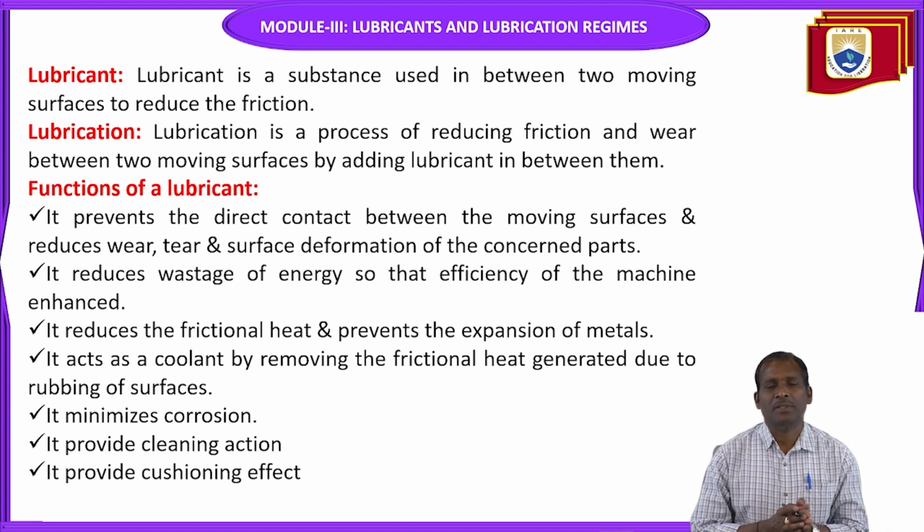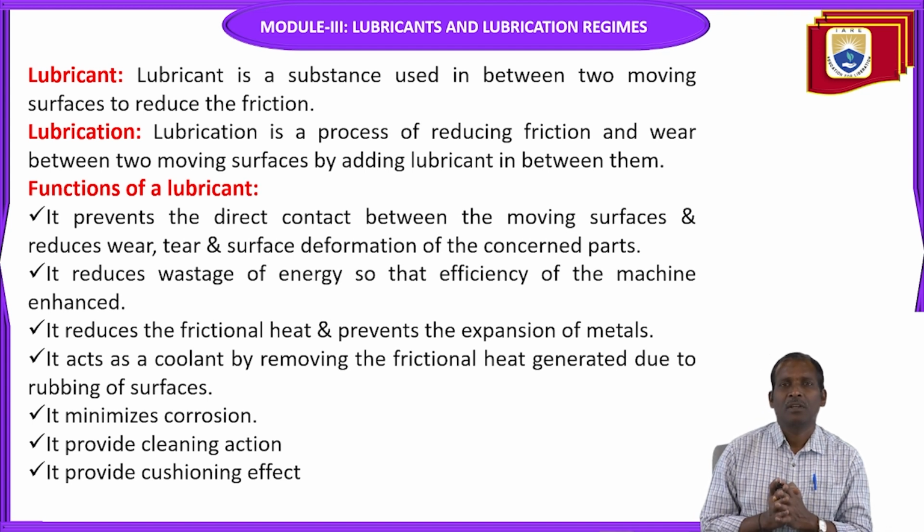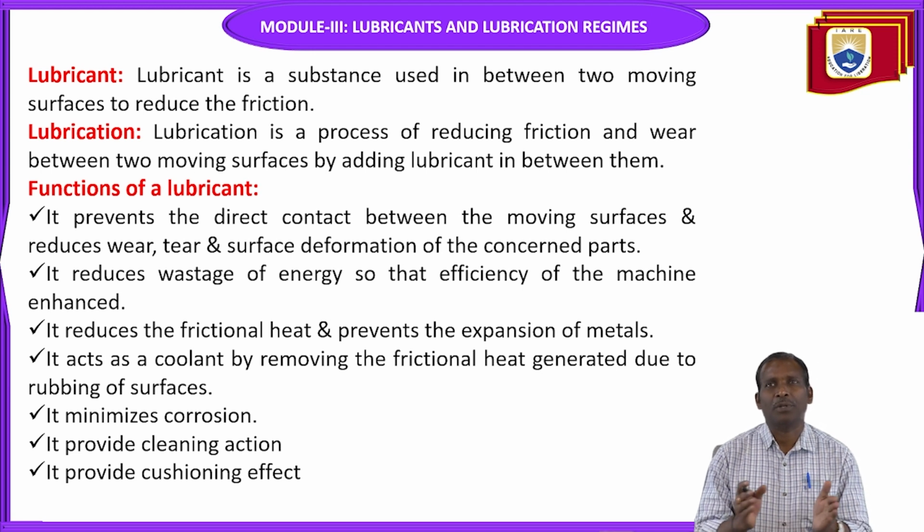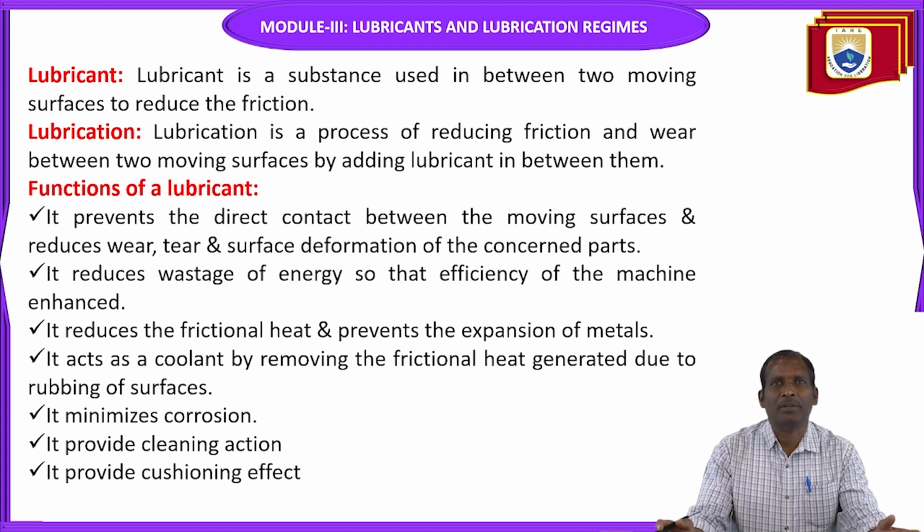In particular situations, you need to use lubrication to reduce the friction. By using this lubricant, you can somewhat control the failures. Lubrication is the process of reducing friction and wear between two moving surfaces by adding lubricant in between them. That process is called the lubrication process.